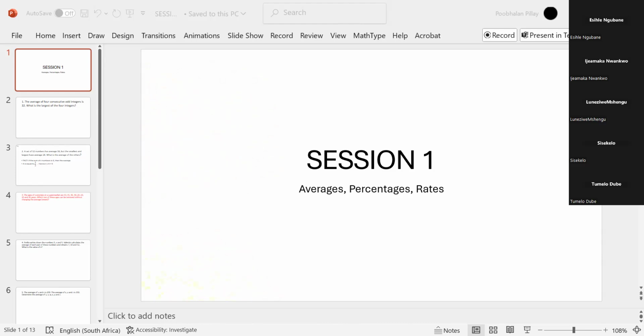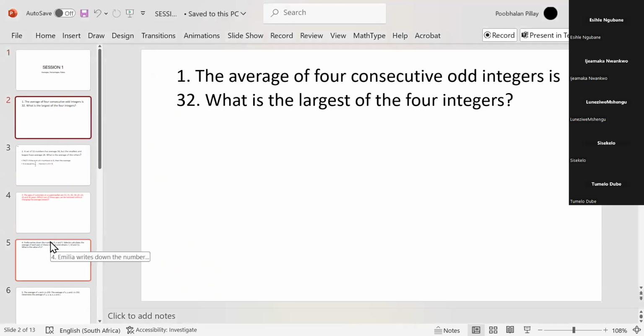All right, now we are on to session one, the very first session. As you see, the headings are averages, percentages, and rates. And we are going to go straight into the first problem, problem number one. Now, this is problem one, which is in the problem book, which you probably have received or hopefully have received.